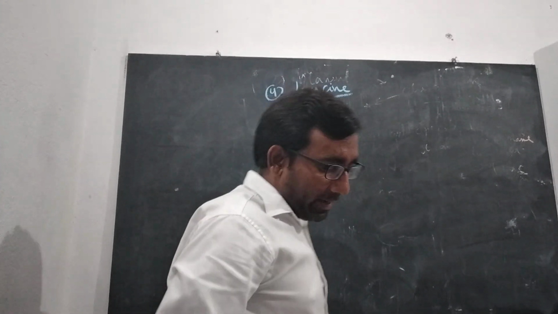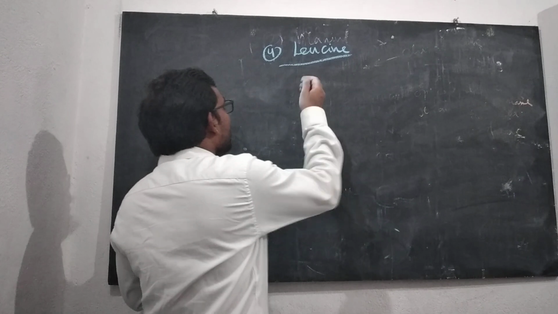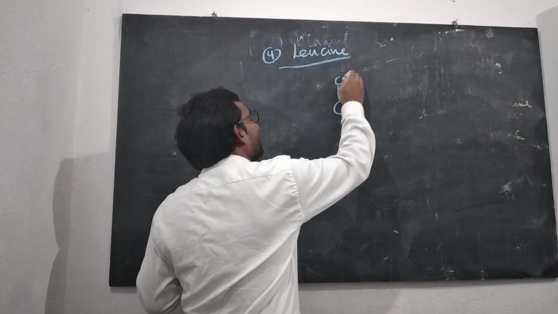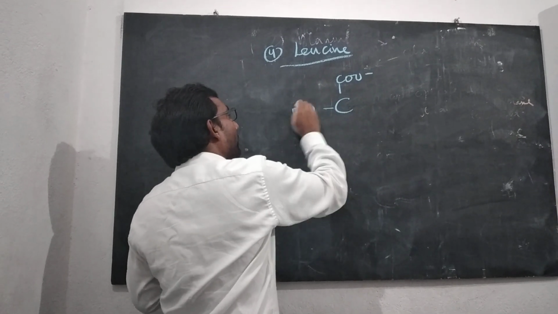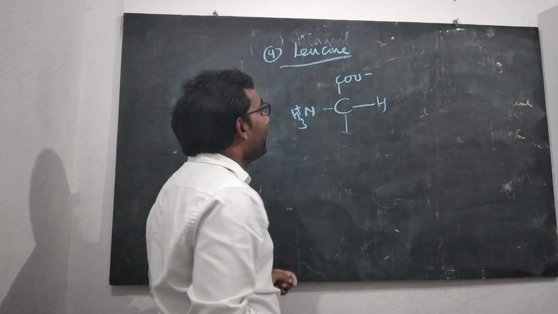Leucine. How will you write the structure of leucine? You see, in valine, you just have to do what? First you know the basic structure: CO minus, this side NH3 plus, this side H. And here in valine, what did you see?